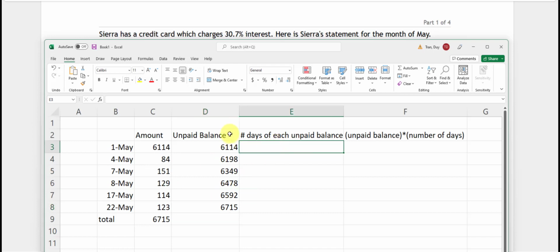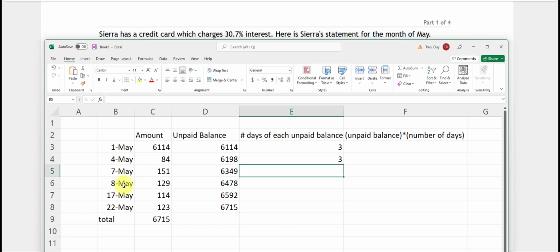Now we will enter the number of days for each unpaid balance. From May 1st to May 4, that is 3 days, or you just simply take 4, subtract 1 to get 3. And then from 4 to 7, you take 7 subtract 4, that is 3.